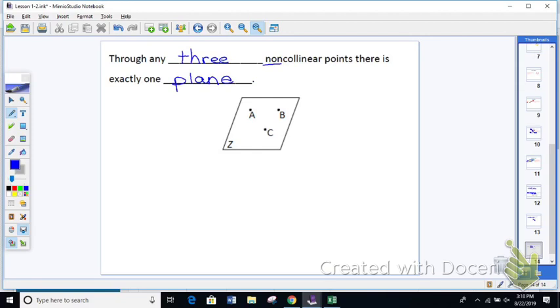I could take 3 pieces of wood. They could be different lengths, doesn't matter, or they could be all the same. But I could take a flat surface, maybe a big sheet of plywood, and I could lay that plywood, and it would touch all 3 pieces, even if they were all different sizes. And that's why you can build a stool with just 3 legs.